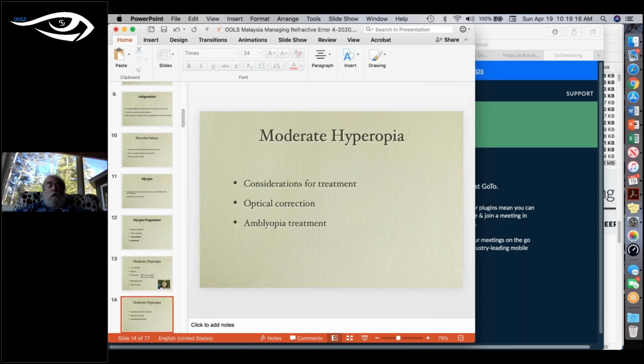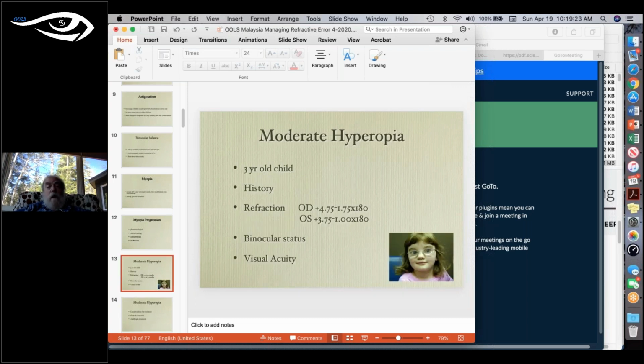All right, what would I do if there was some difference in visual acuity? Would I do anything differently? Answer, no. I wouldn't do anything differently.